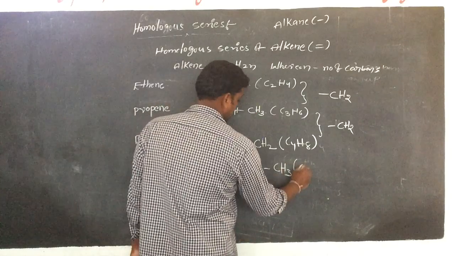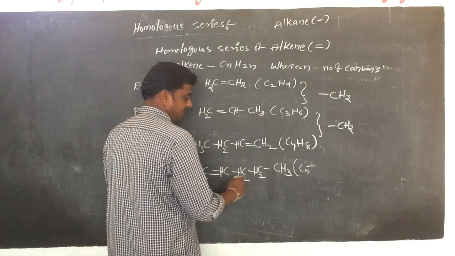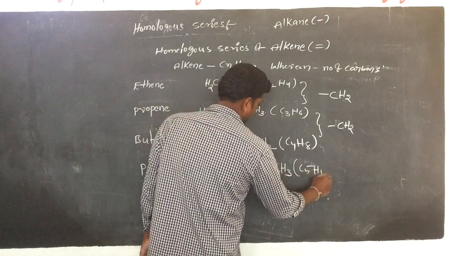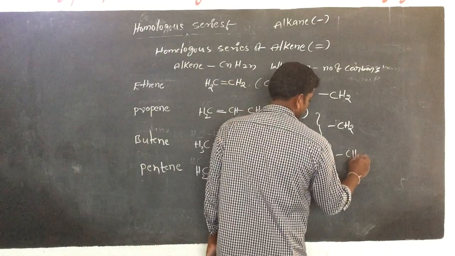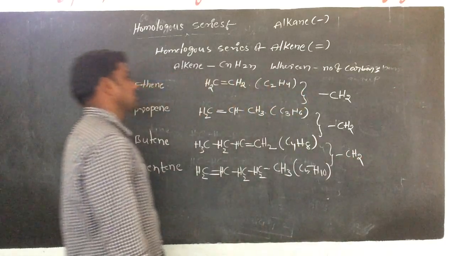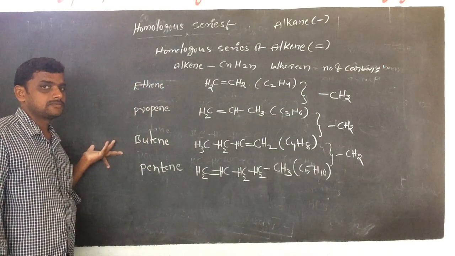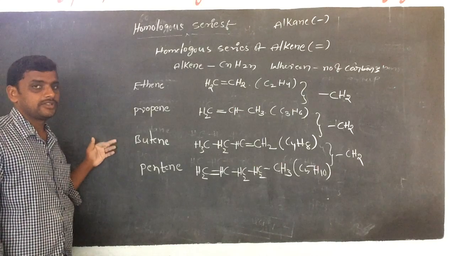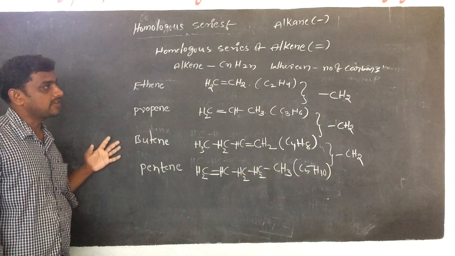The formula is C5, hydrogens are 3 plus 2, 5, 5 plus 5, 10. The difference is CH2. Okay? This is the way to identify the homologous series of alkenes.